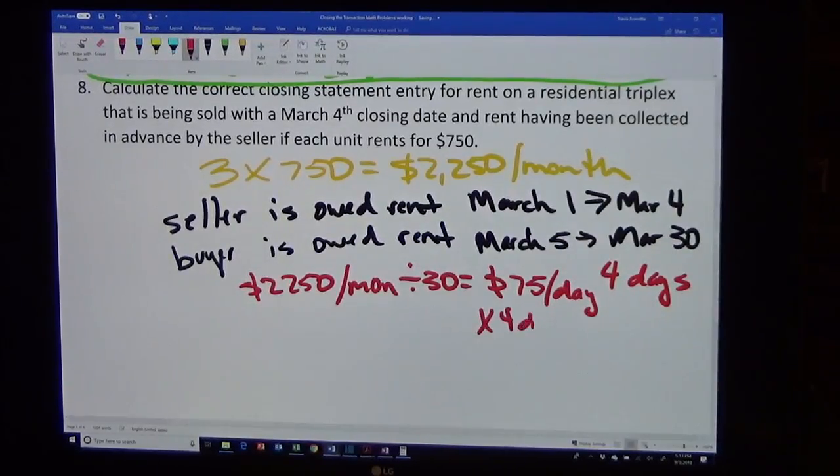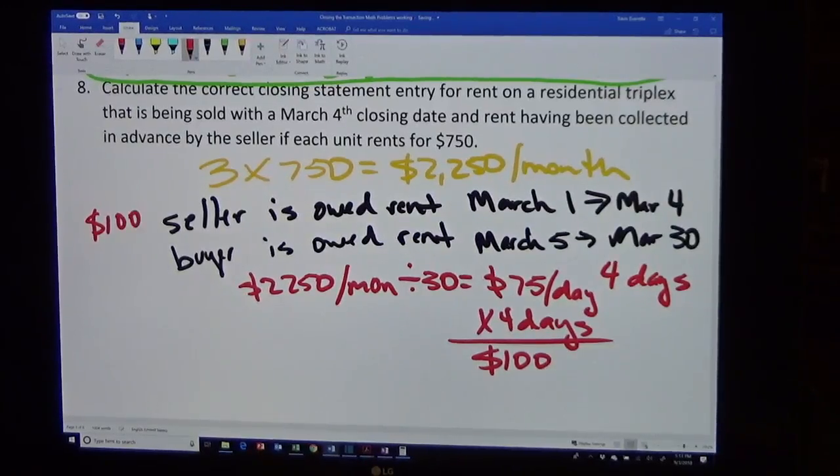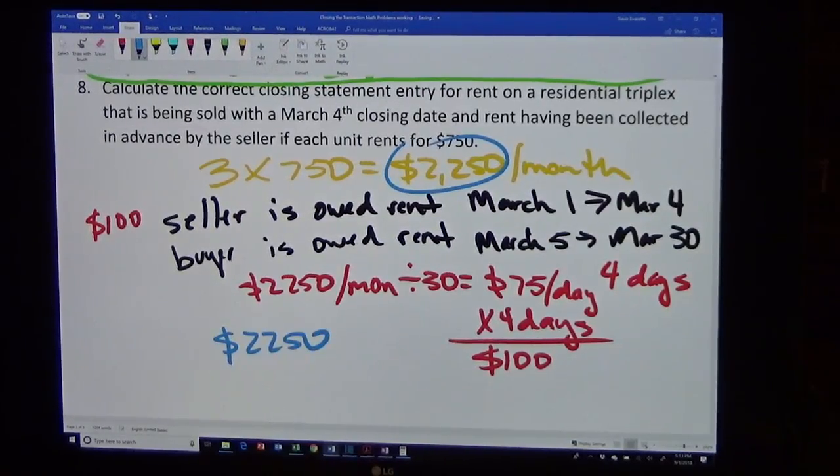Times 4 days, that's $300 in rent that the seller's owed. So the seller's portion of the rent is $300. Well, just like always, we can take the total, which is $2,250, and subtract out the seller's portion to get the buyer's portion. So the buyer's owed $1,950 in rent.